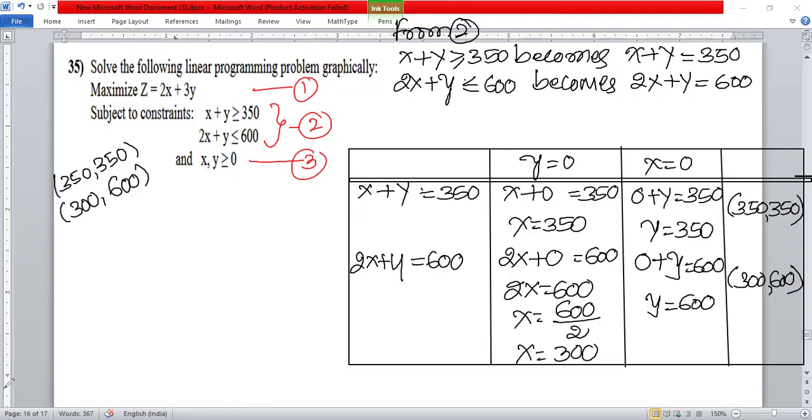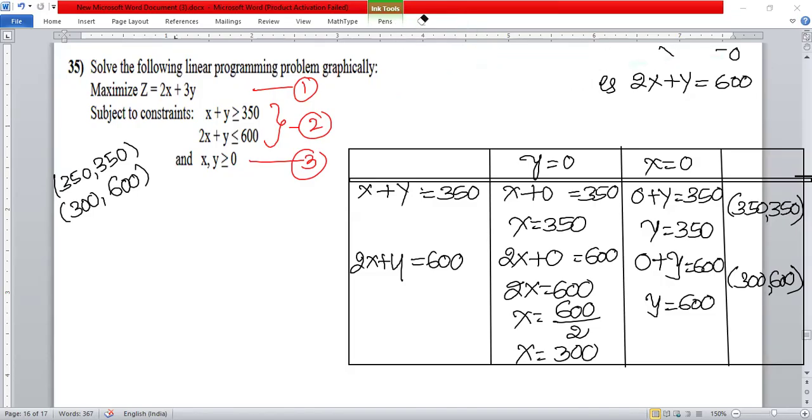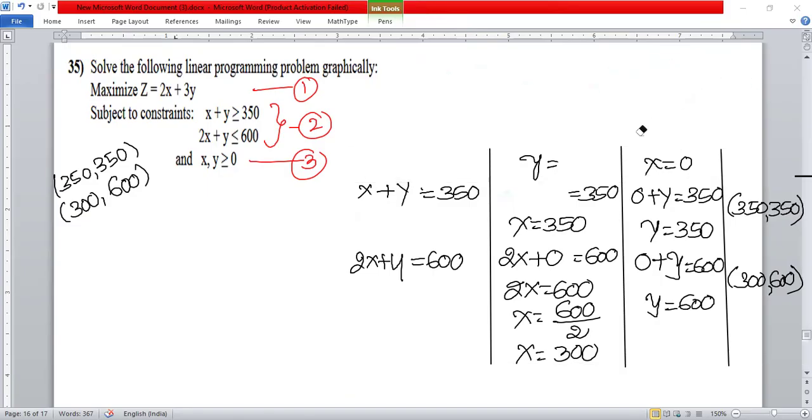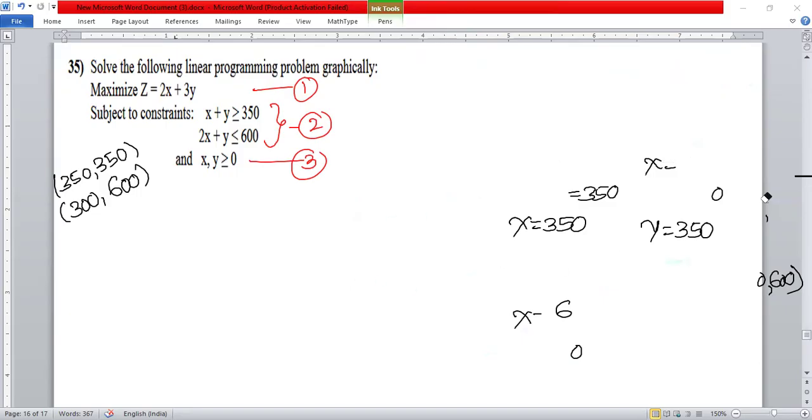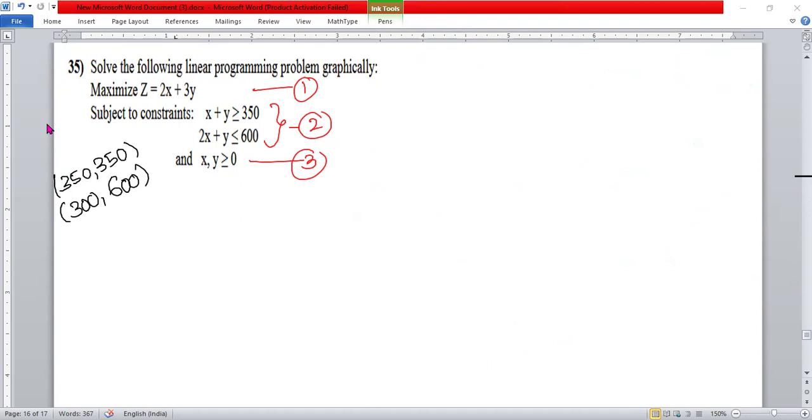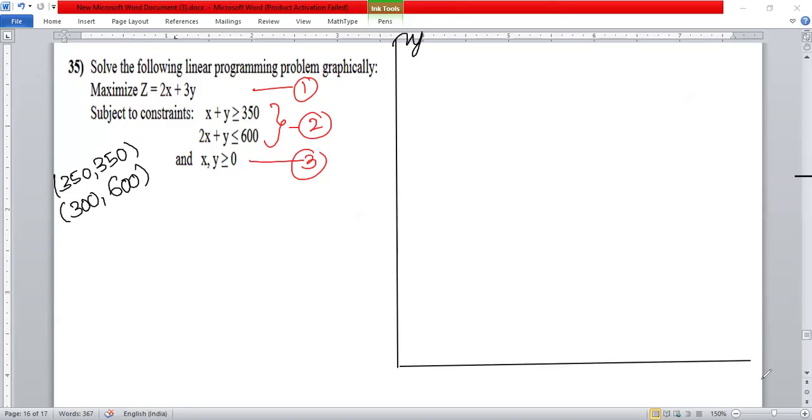So this is step number 2, draw the graph. Now take scale and pencil. So using graph sheet. On the x-axis, highest is 350.